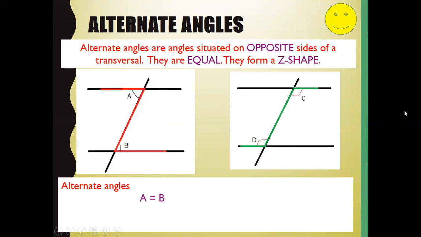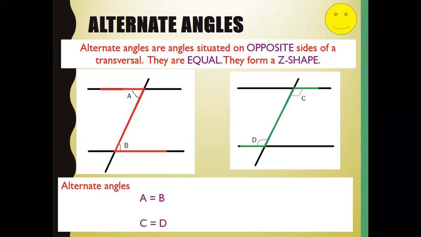Then the Z shape might not necessarily be the normal Z, the way we write our Z. It could be an inverted Z. So here we have another inverted Z, but we also know that C here is alternate to D. So we say C is equal to D. Those are the two cases we'll consider for alternate angles.